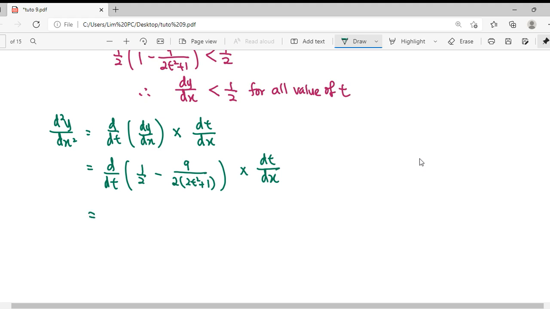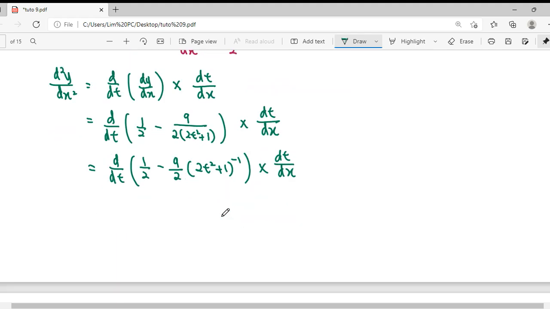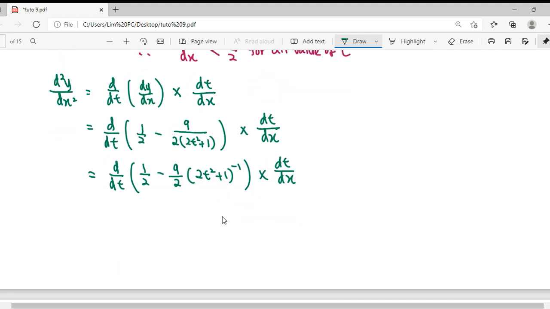Okay, so I have to rewrite the form that I want to differentiate here. I can put this as 9 over 2, here will be 2t squared plus 1 to the power of negative 1. So this is the form which is ready for differentiation. Differentiating the constant, we get 0.